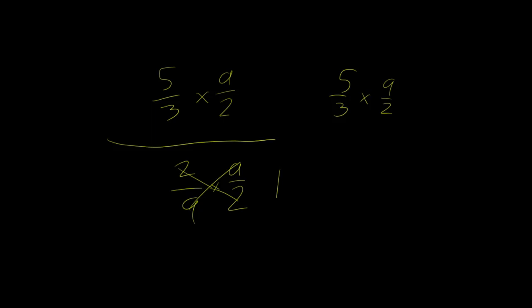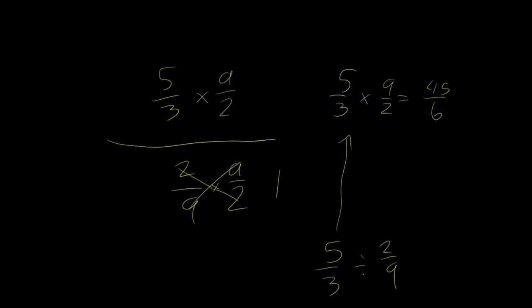This would be the concept called keep, change, flip. What we would do, we would have 5 over 3 divided by 2 over 9. As you can see, we kept the 5/3. We changed this division into multiplication, and we flipped 2 over 9 to 9 over 2. Now, if we do the math, we would get 45 over 6.